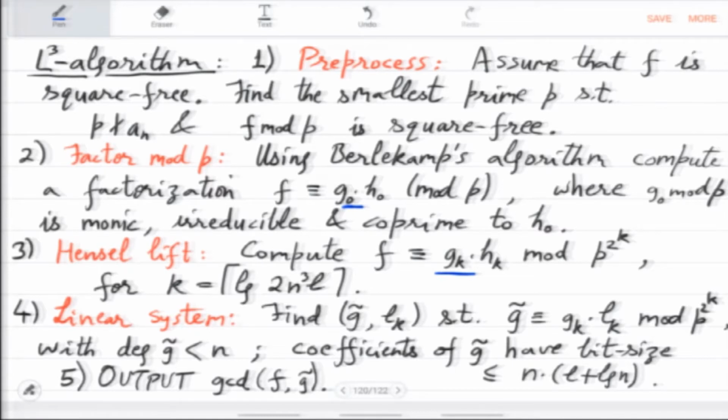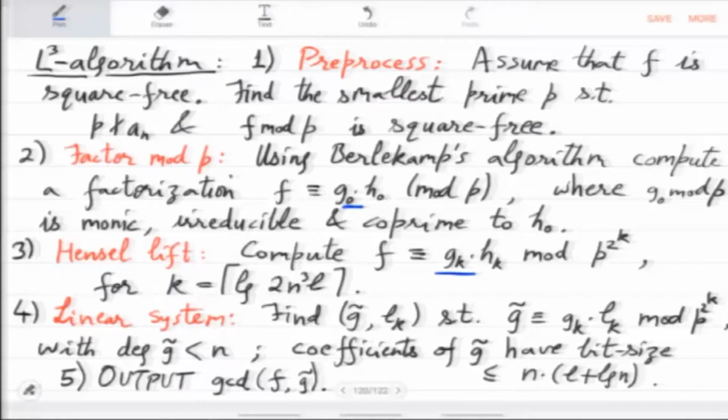The fourth step will be the step where we will go from Gk to a polynomial G tilde which is closer to an actual factor. So remember that Gk is a factor of f only mod p raised to 2 raised to k, right. From here we have to go to an actual integral factor of f.